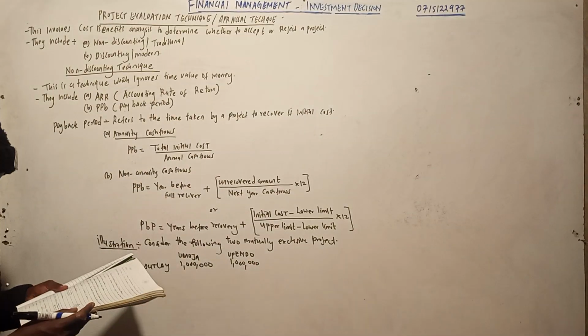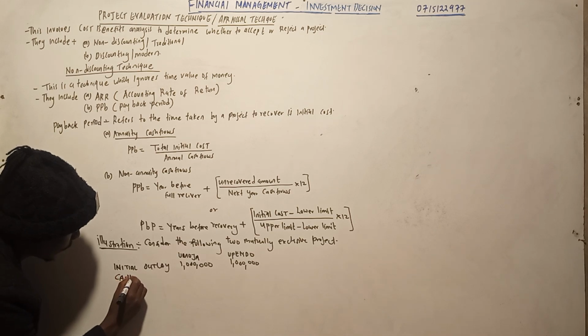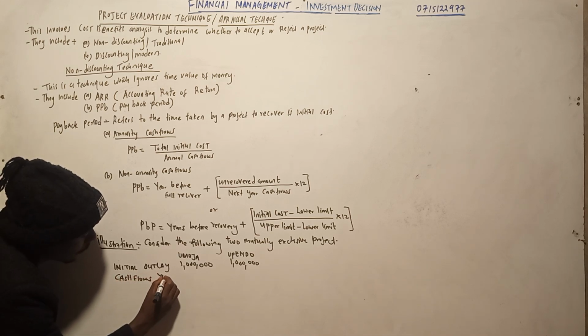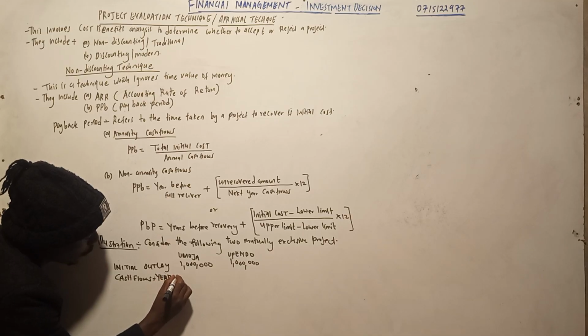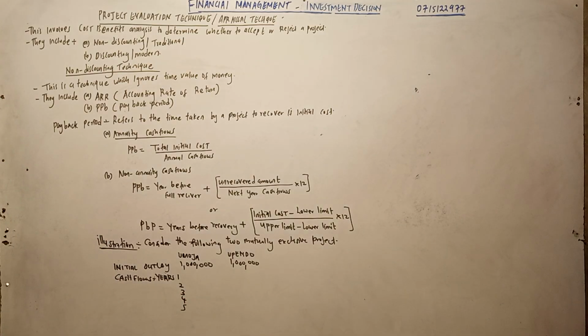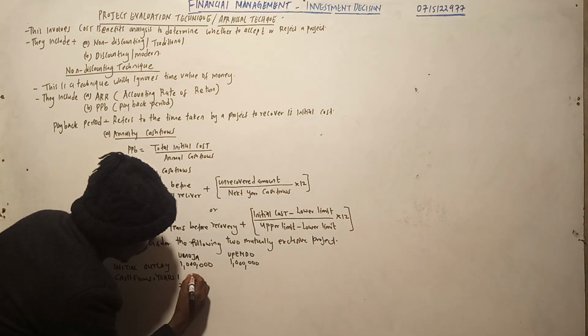Then we have cash flows from year 1, 2, 3, 4 up to year 5.